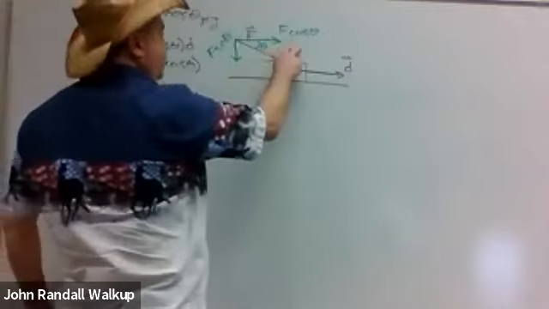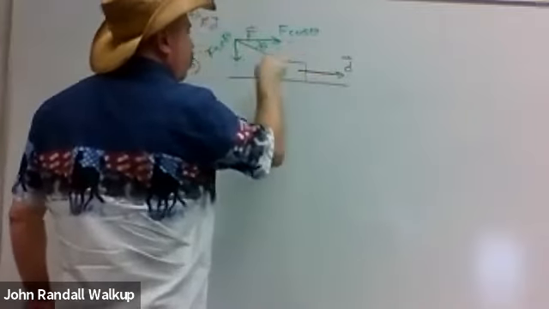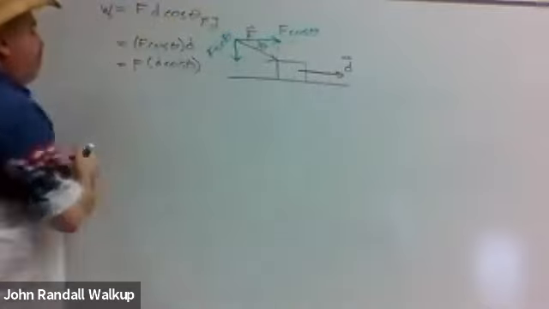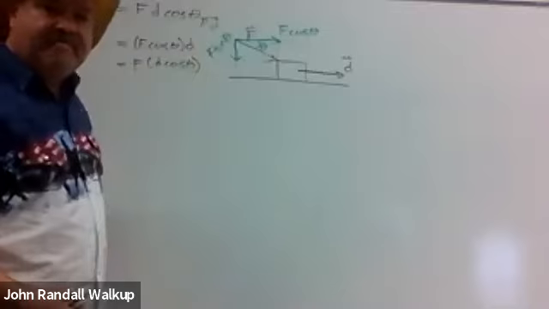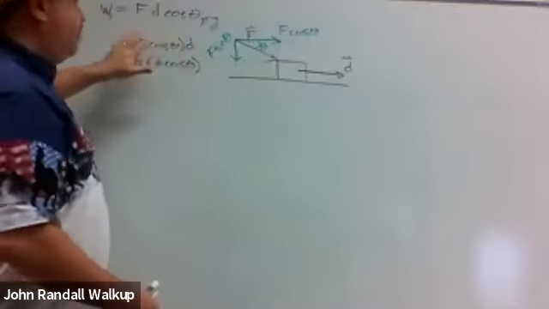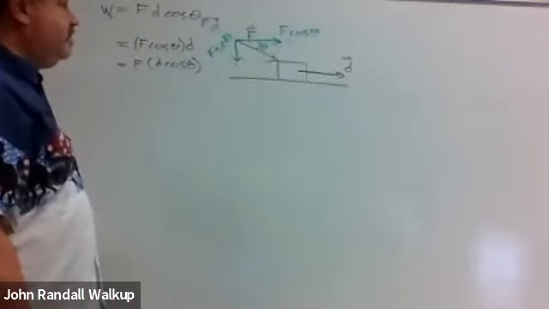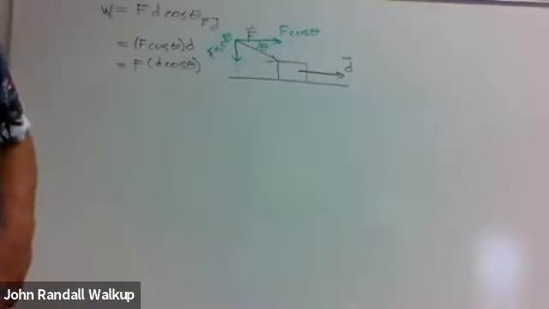This one does. And in fact, this force is parallel to the displacement. So the work done by this force is just this amount times D, and therefore it's F cosine theta times the displacement. So this equation makes perfect sense in that regard. Okay, just wanted to show you that.